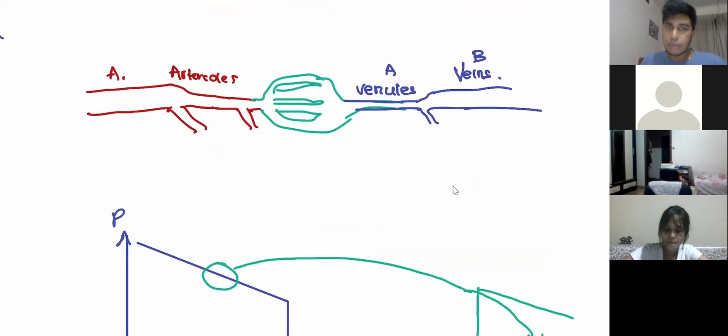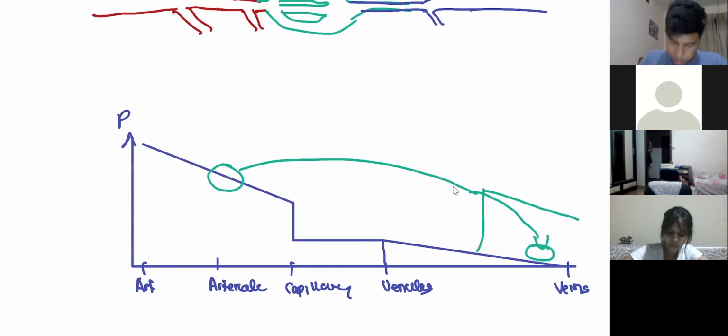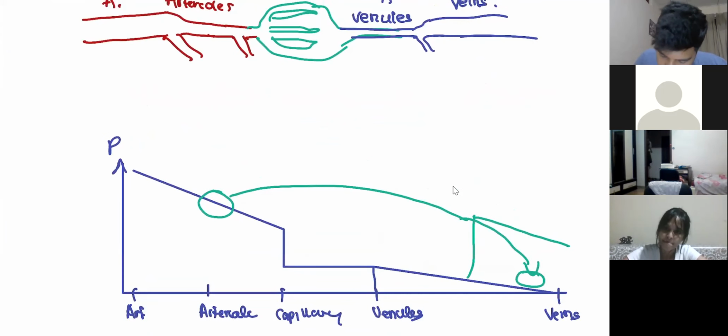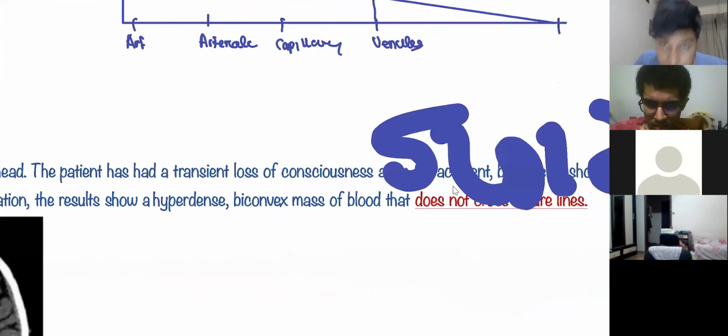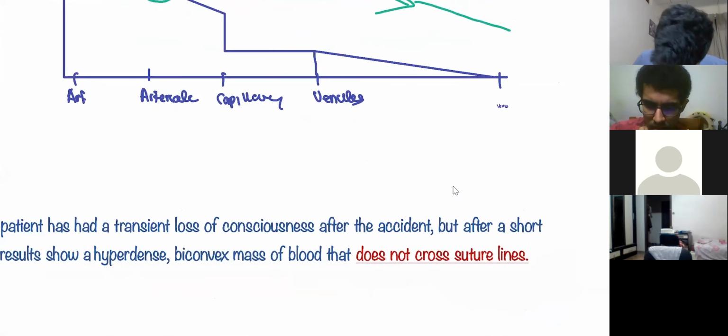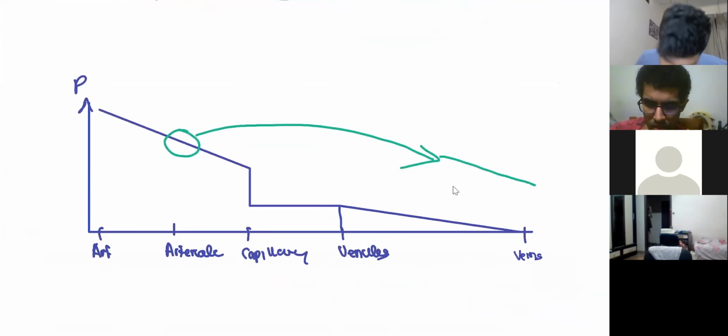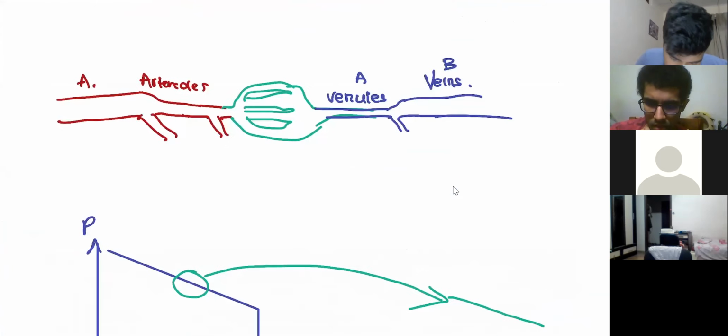Can someone tell me what will happen if this pressure is given to the veins instead of going through capillaries? The arterial pressure directly gives the pressure to the veins. They'll burst. Yeah. Simple understanding. Basically, what happens if this pressure is given to the veins is they'll burst.